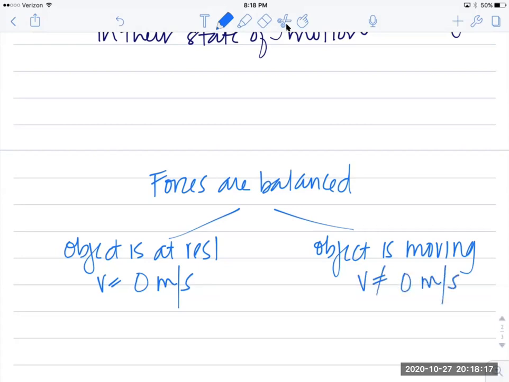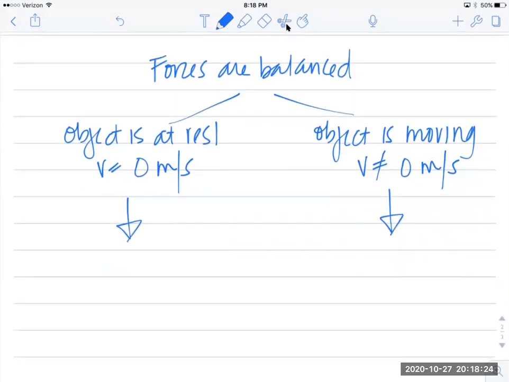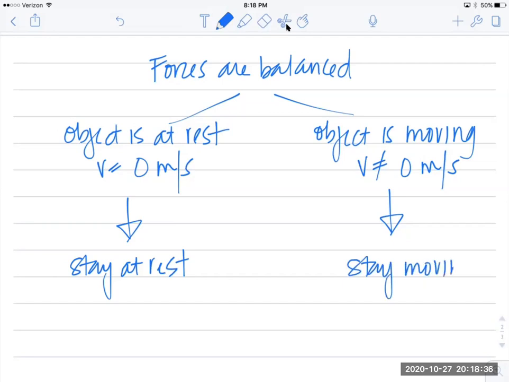It has some sort of speed. Since we know that Newton's law states that if it's at rest, it will stay at rest, and if it's moving, it will stay moving, that means in order to continue at this velocity, which is 0, the acceleration has to also be 0.